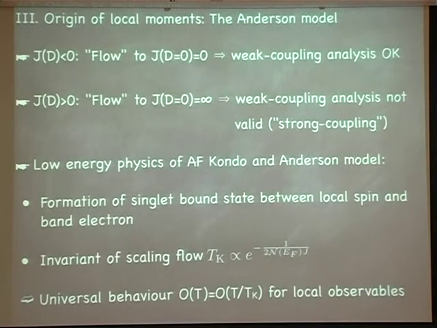So you also would expect that at low enough temperatures, your models will exhibit some universal behavior, namely all the observables depend only on T over T_K, not on T individually anymore. That's also one effect in these quantum impurity systems. You typically find a region where you have universal behavior, that is, there exists a low energy scale, and everything depends on energies over this low energy scale only.